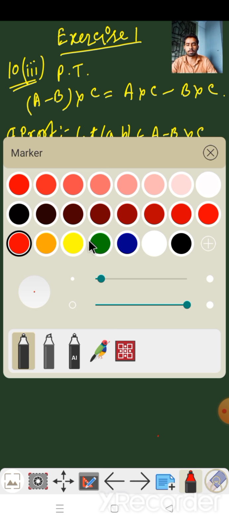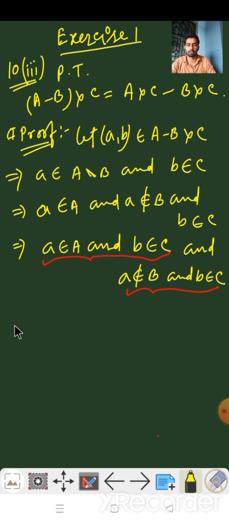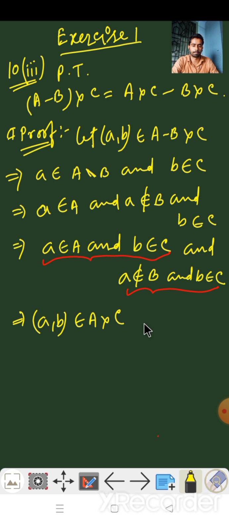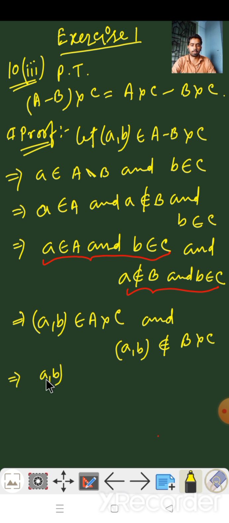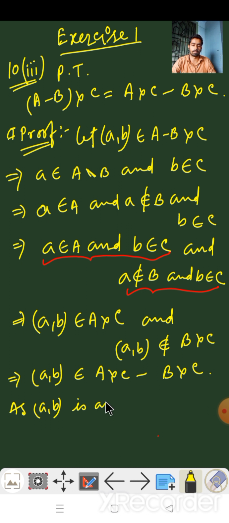So from the first portion we can conclude that the ordered pair (a, b) belongs to A cross C, since a belongs to A and b belongs to C. And since a does not belong to B, we can conclude that the ordered pair (a, b) does not belong to B cross C, which implies the ordered pair (a, b) belongs to (A cross C) difference (B cross C), as (a, b) is an arbitrary element.